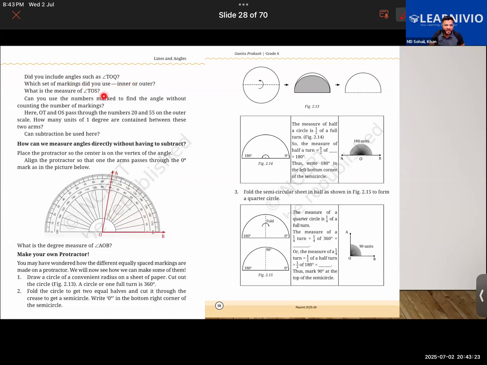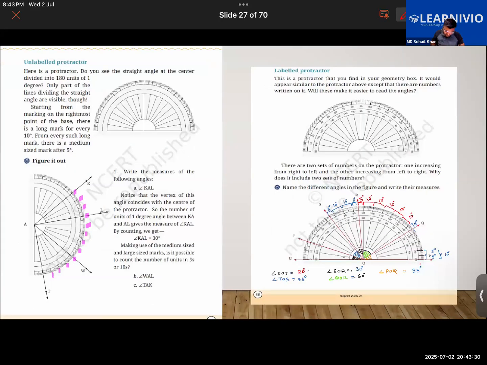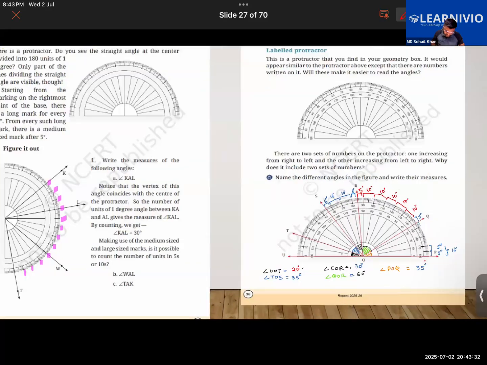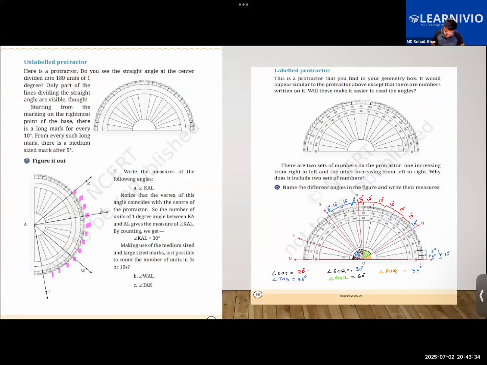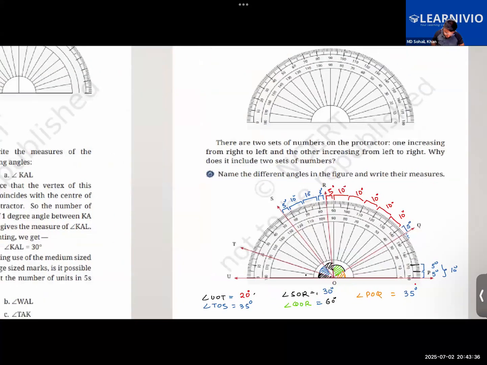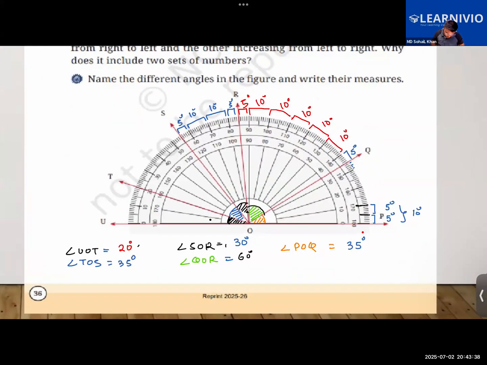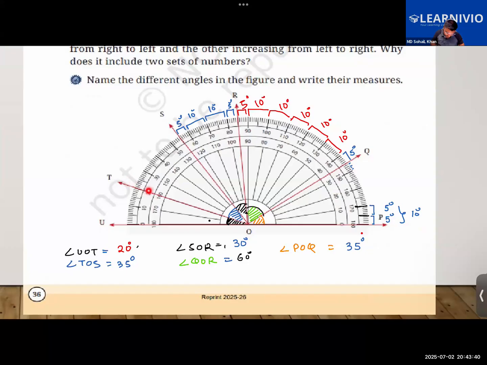What is the measure of angle TOS? See, did you include angles such as TOQ? So obviously we have included this angle TOQ here. Hold on. It's saying did we include this? So angle TOQ. If you want, we can include these angles also.